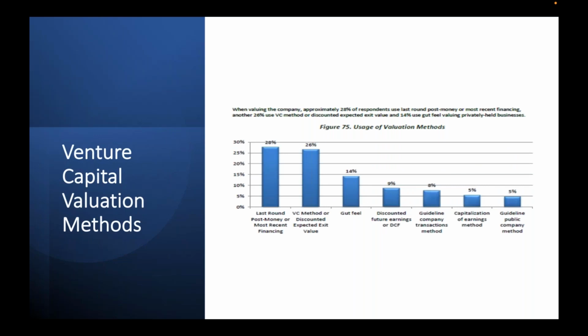So moving up the scale, so to speak, from angel investors to venture capital investors, the valuation methods that they're using are first and foremost last round of financing, which means they base their valuation today on what an actual investment that was made within the previous 6 months.